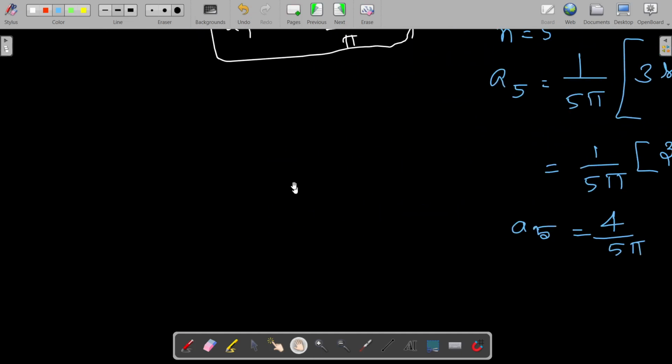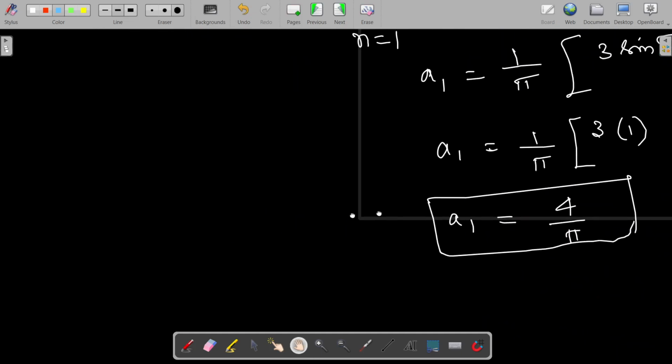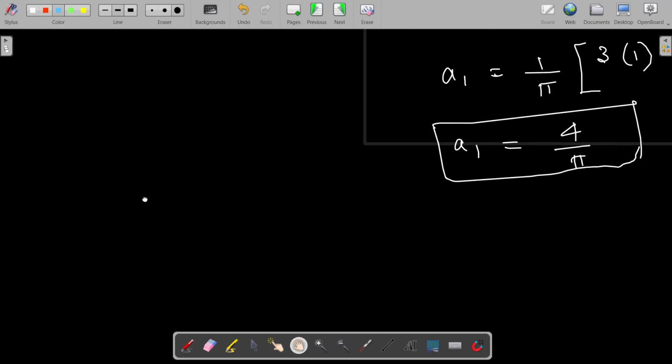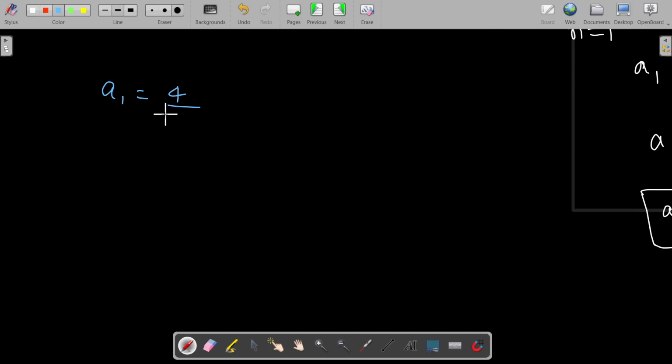The same way, if you evaluate all the values, then we come to know that this a1 is equal to 4 by pi. Then this a3 is equal to minus 4 by 3 pi.